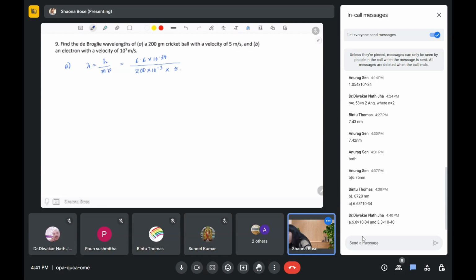The velocity is 5 meters per second. So how do you convert it to kgs per second? But what I have here is something different. Why is that so?